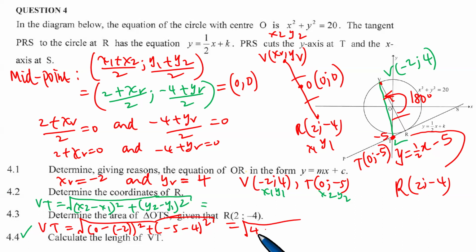You square this, it becomes 4 plus 81, which is exactly 85. So the length of VT, using the distance formula we substituted into, is the square root of 85 units. So we continue. We look at the next question.